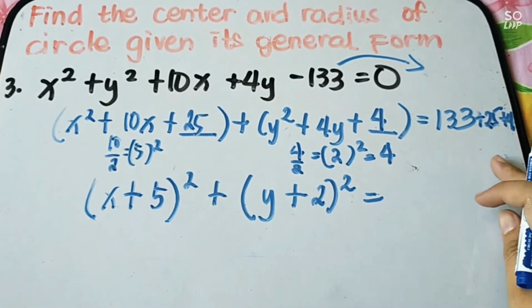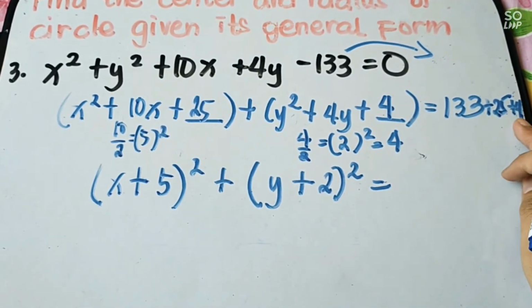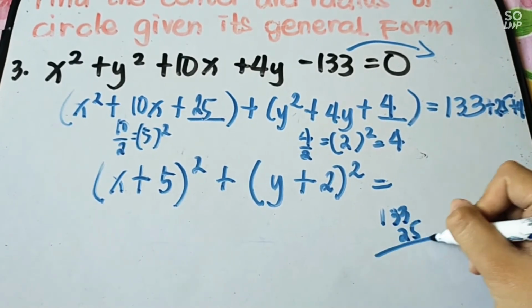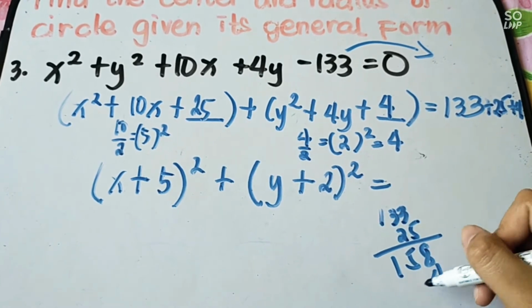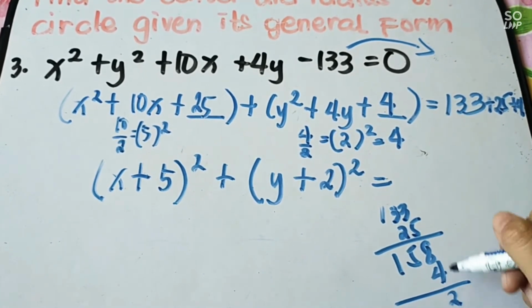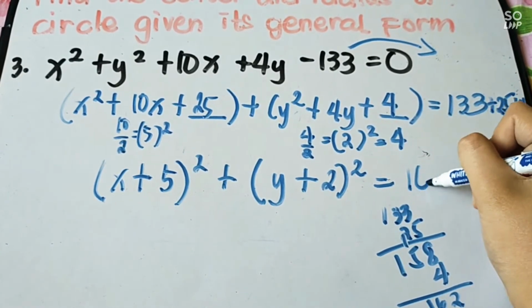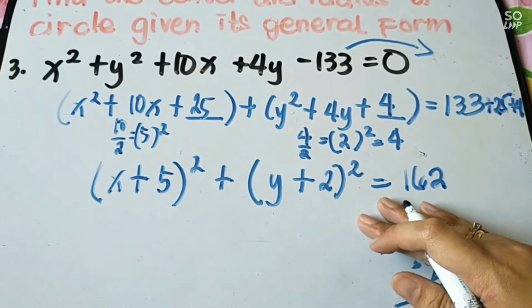Then, equals, add all of these: 133 plus 25 plus 4. So, we have 133 plus 25. The answer is 158 plus 4. We have 12 carry 1, 162. Equals 162. So, that is your R squared.